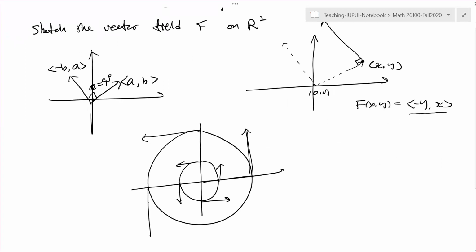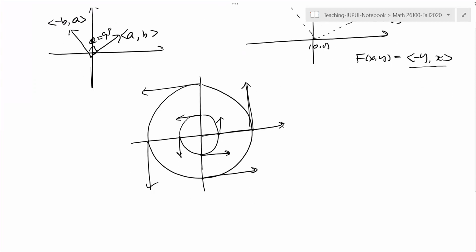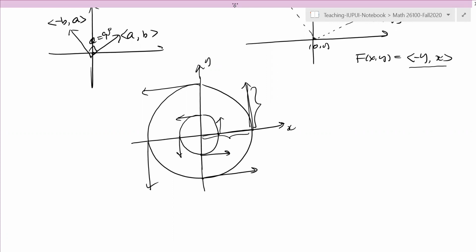This is the longer one. So that's good enough to draw the vector field in the xy plane. The length here equals that length, so you have to make sure of that when you draw it. When the point is getting away, the length of the vector is getting longer. At that particular point, first of all, you draw the line, and then the perpendicular to that line, so it's tangent to the circle. This is my F. That's it.